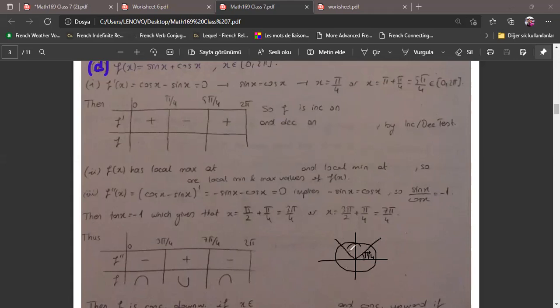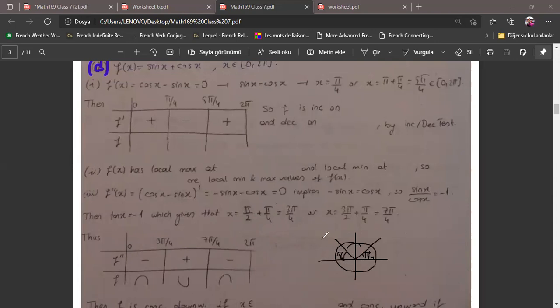So if we have -1, then the values of sine and cosine should be equal to each other, but with opposite signs, right? So either we are here, we have pi over 4 there, which you can find like this, or you can write it as pi minus pi over 4, right?